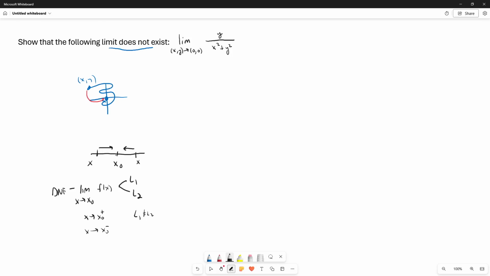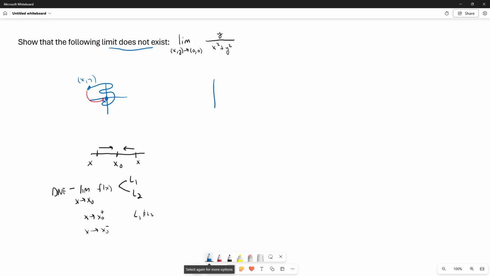Your variable can either be less or greater than the number. But in a two variable situation, you have a lot more freedom. The point (x, y) can approach (0, 0) along infinitely many different possible paths. So again, we just want to find two paths where the value of the limit is different.